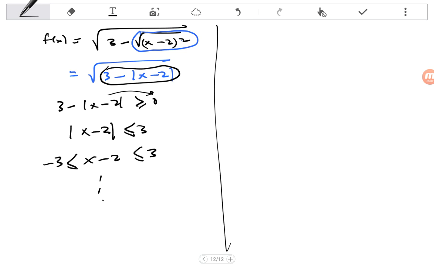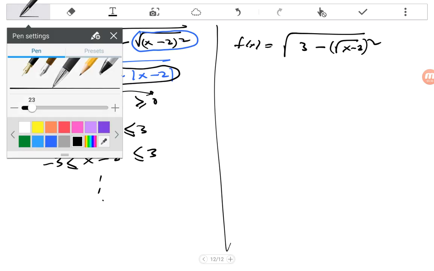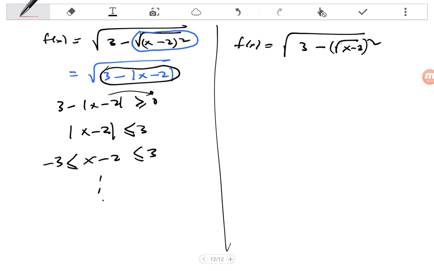Okay, what if I change it to f of x equals 3 minus root of x minus 2, whole squared? It requires you to find the domain of this function. How do I find the domain? Would I make a cancellation or a simplification like this?